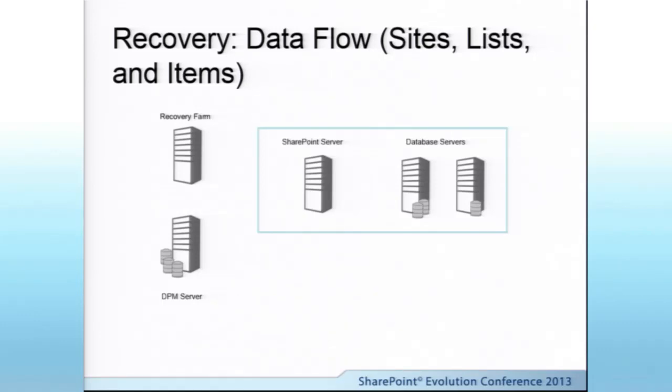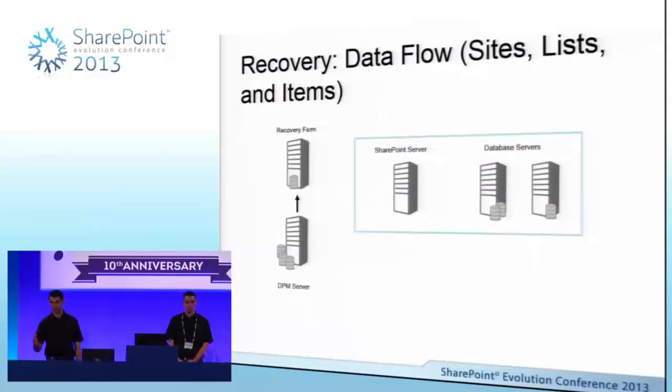And the way this all ties together, and obviously DPM will handle this for you automatically behind the scenes, is the database is restored to the recovery farm, and this could just be a standalone SharePoint server running SQL. It doesn't need to be a fully fledged farm. Once the database is restored, it's attached to SharePoint.